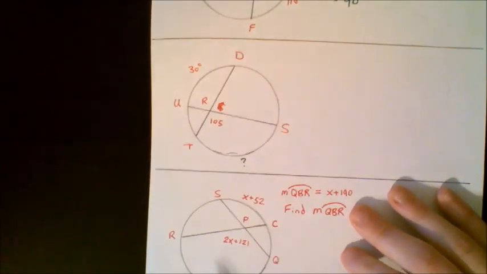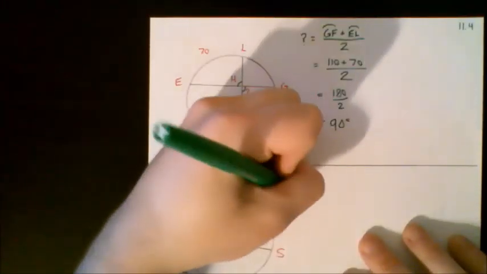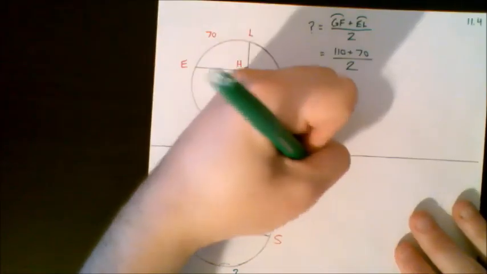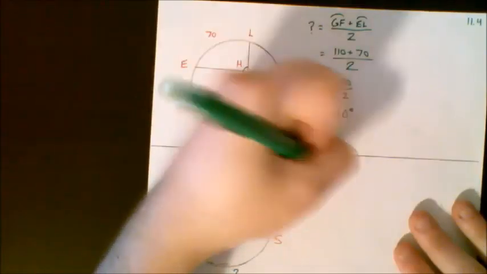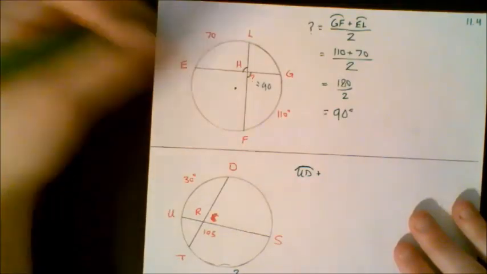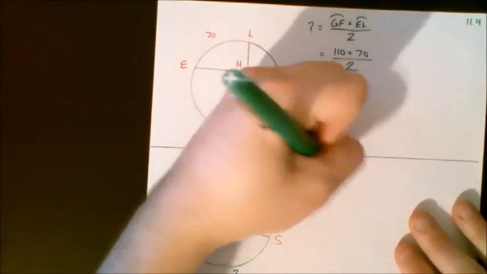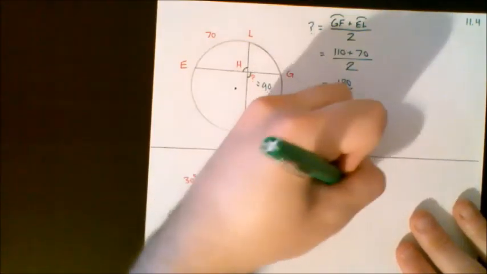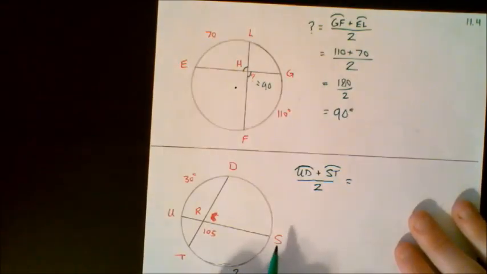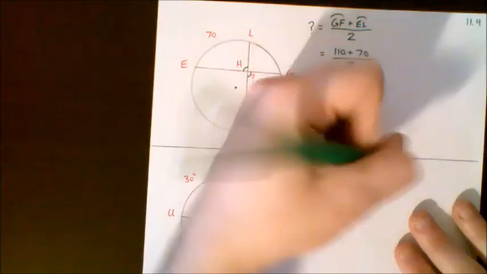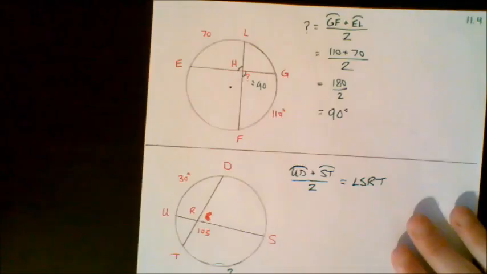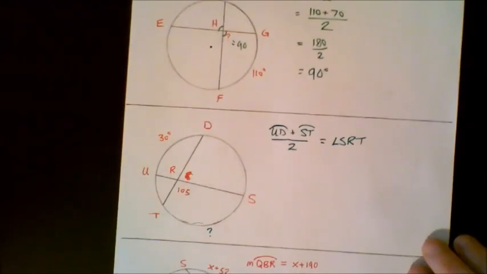But we can make an equation to figure that out because we know arc UD plus arc ST, divided by 2, equals angle SRT. That is an equation we can use to solve this problem.